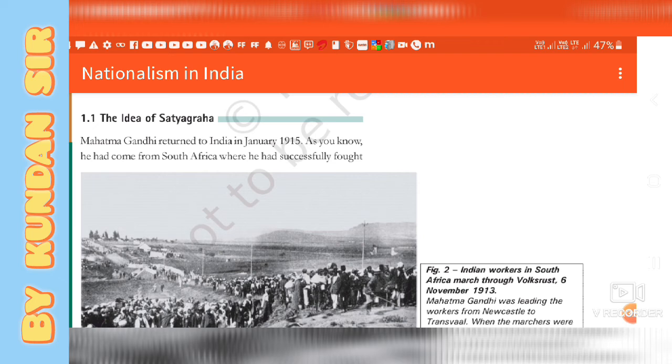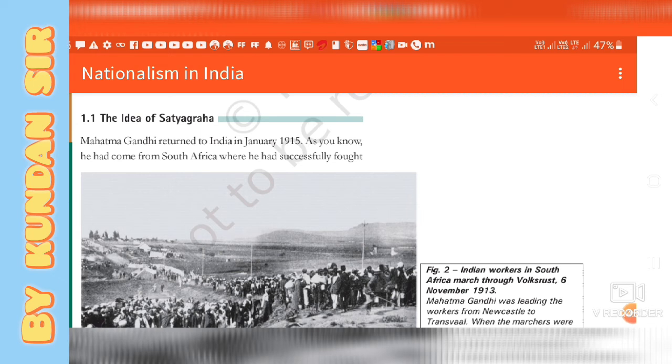And they were stuck in this farming for a long time. Because of that, Rajkumar Shukla went many times to different Adhiveshan, different Sammelan like the Kolkata Adhiveshan, Lucknow Adhiveshan, and ultimately Gandhiji accepted his demand, and he came to Champaran, and he started the movement that is known as the Satyagraha movement or Champaran Satyagraha, right?